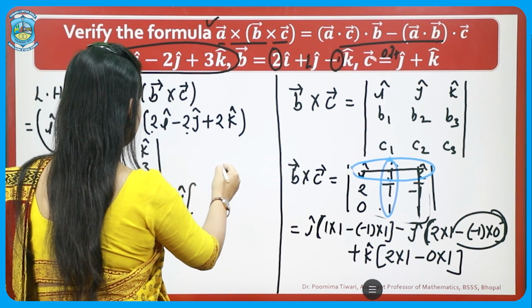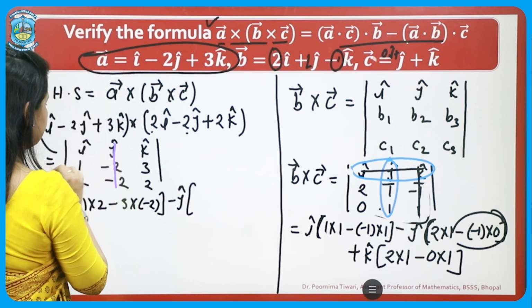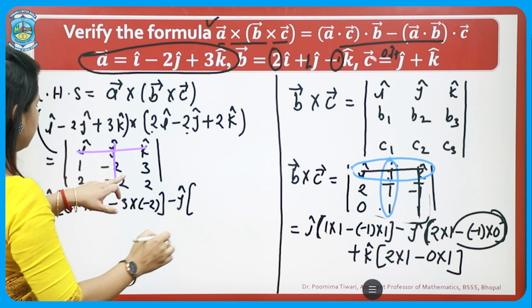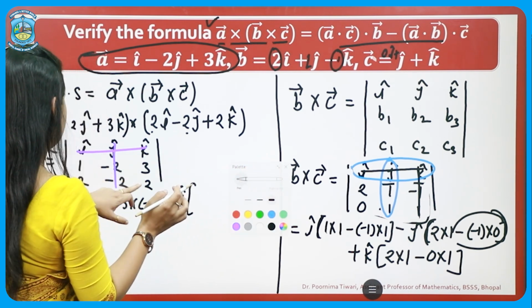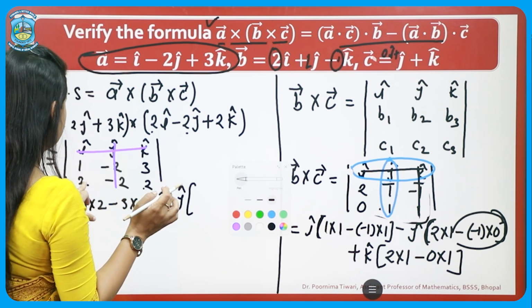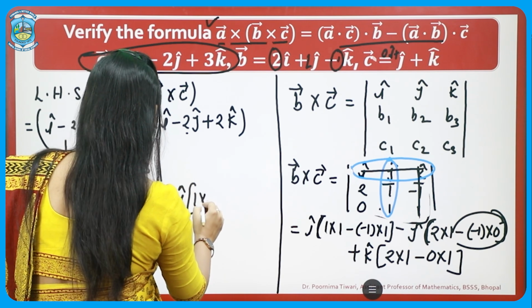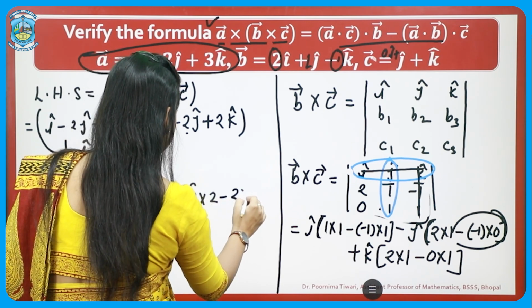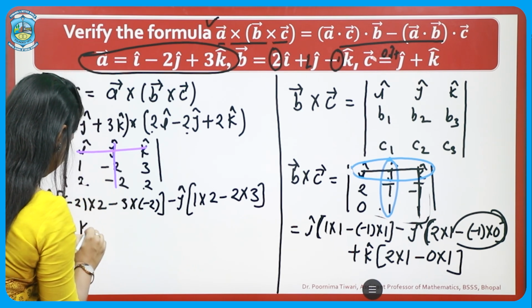Again we have to solve the determinant obtained by deleting this column and this row. That is, we will multiply 1 with 2 and 2 with 3. Plus k cap.